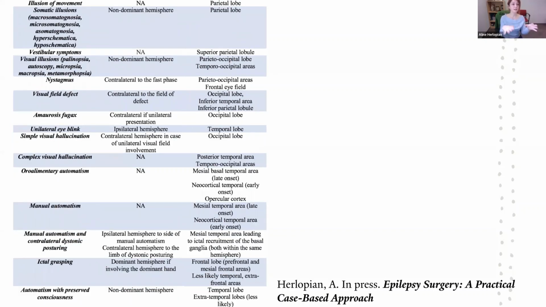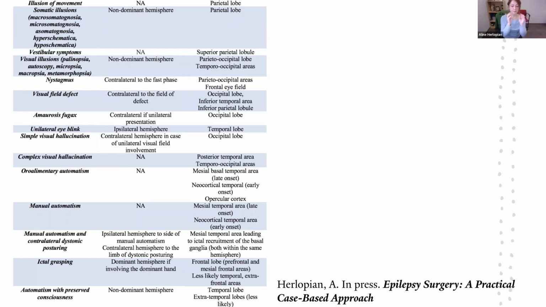You have the illusions of the body, somatic illusions, vertiginous sensation. Those all point to the inferior parietal, temporal parietal junction. Visual illusions, metamorphopsia, macropsia, all these point to the parieto-occipital area. Importantly, the visual fields.